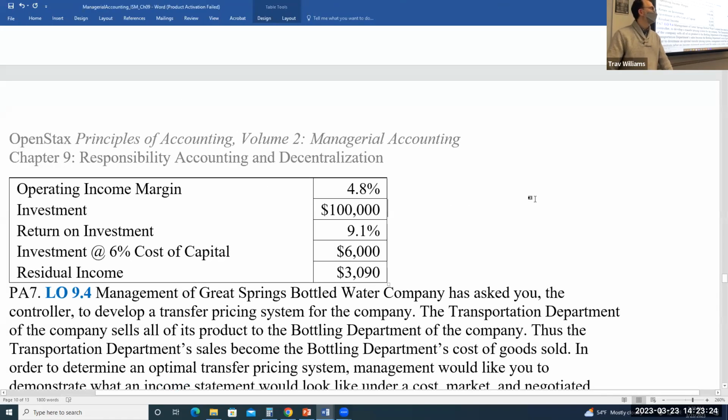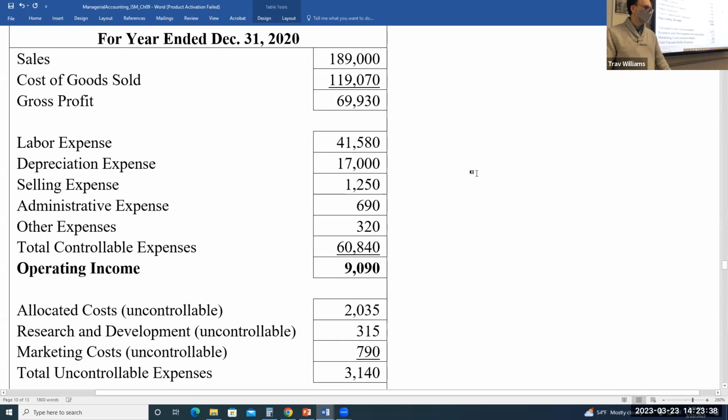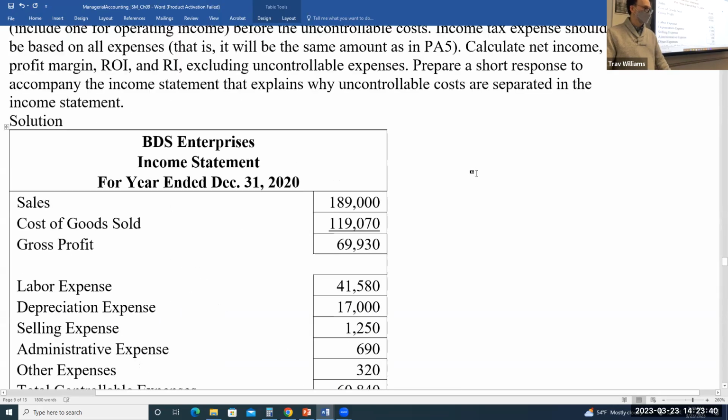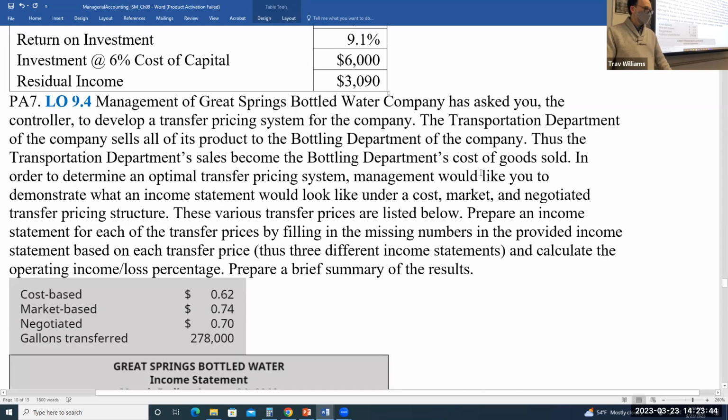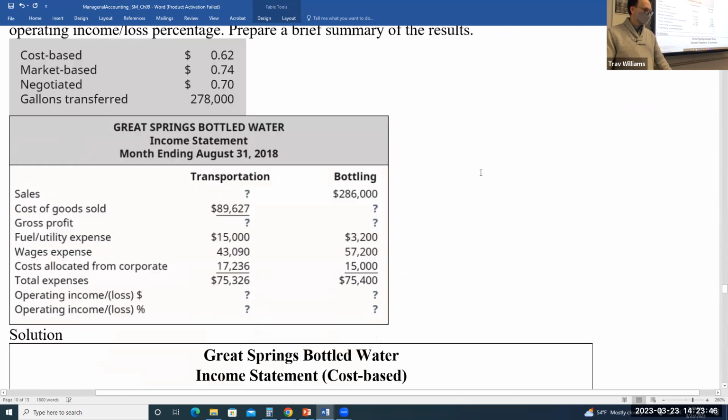So again, if we take out those uncontrollable costs, our analysis looks a lot better, right? And that's it for number 6. Any questions? Okay. So let's go on to 7.